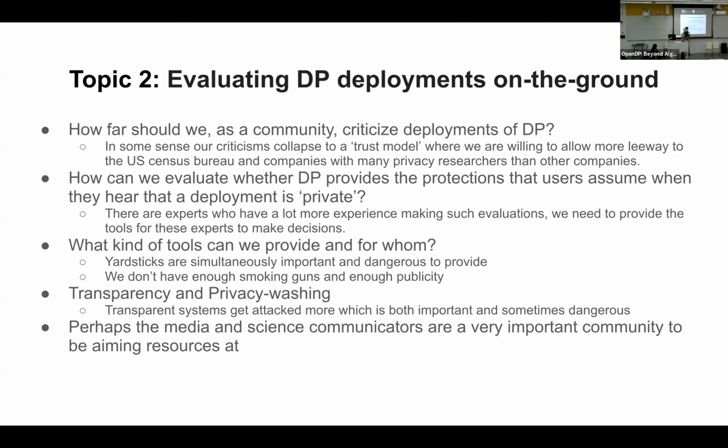But what about the media? What about the people that are communicating to the general public? What about science communicators who talk about things like cryptography and encryption a lot, but don't really talk about privacy, or even forget differential privacy, considerations for data privacy, about the fact that linkage attacks exist and anonymization isn't enough.